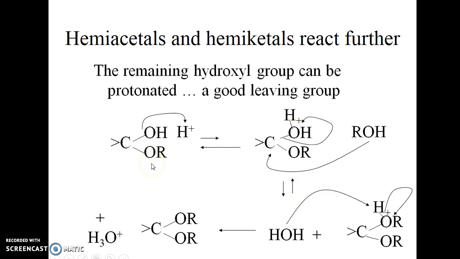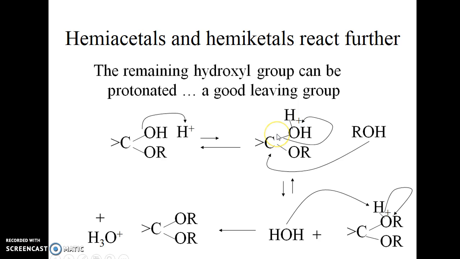Once a hemiacetal or hemiketal is formed, if you have more alcohol in there, what can happen is the acid can protonate the alcohol group here. Once it is protonated, that becomes a good leaving group. Once the water leaves, it'll form a positive charge here, and then the alcohol can come into that carbon.